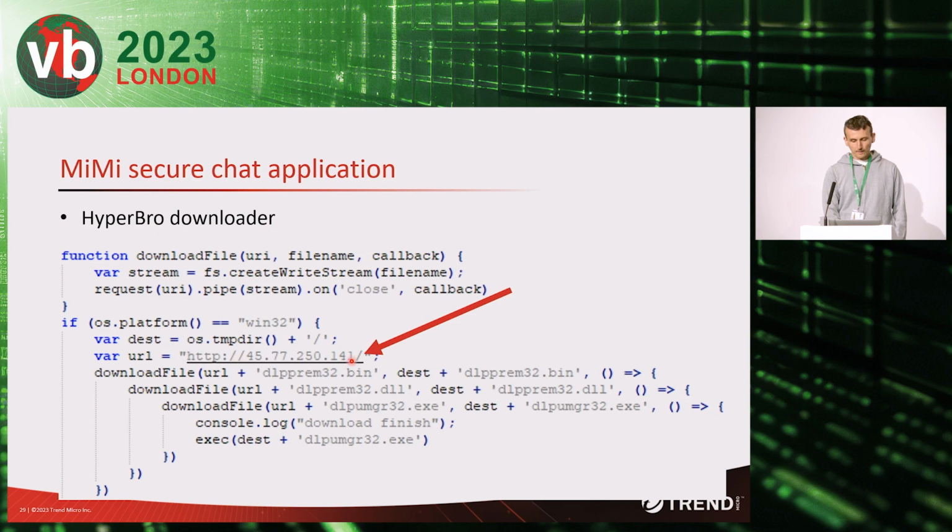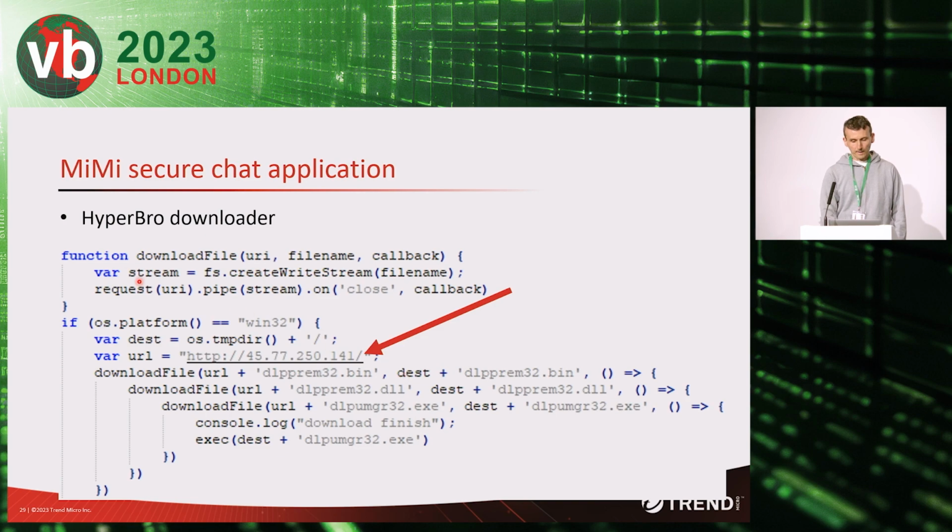When we deobfuscate the previously shown code, we get something like this. There is a hard-coded IP address, a check for the platform, in this case Win32, and it downloads three different files. One executable, which is signed and has a DLL sideloading vulnerability, a DLL file, which is a loader and decryptor, and a binary file, which contains the final payload.